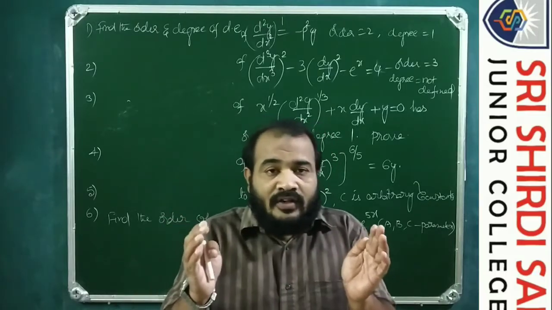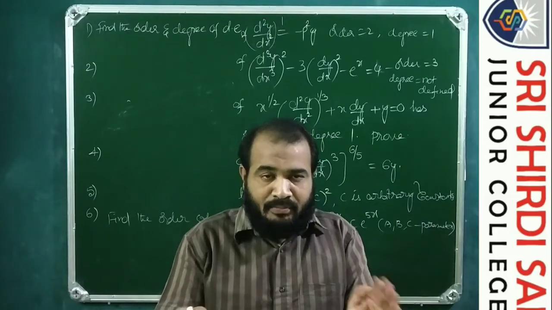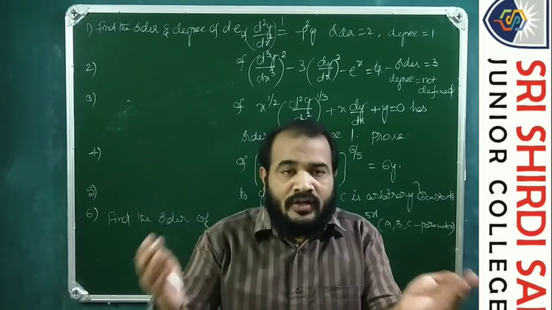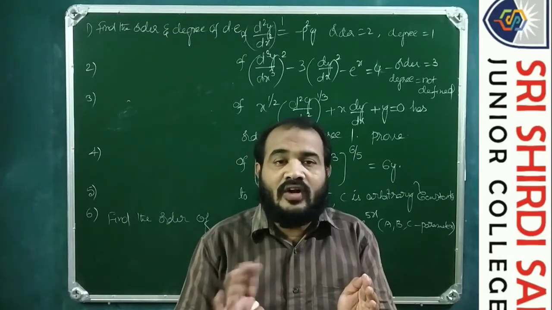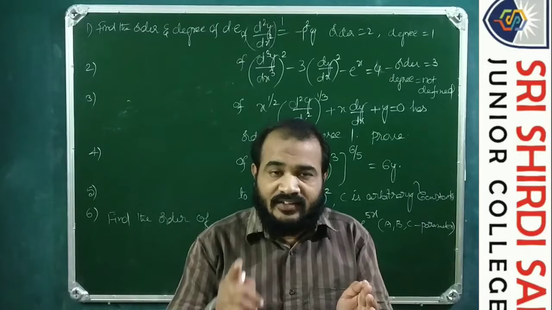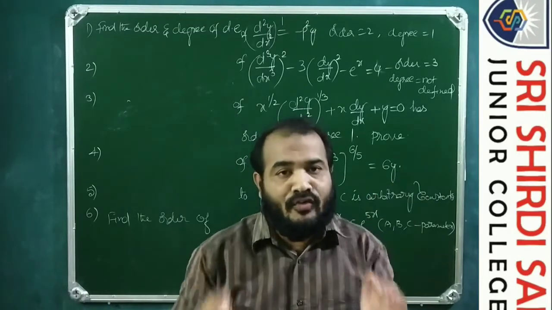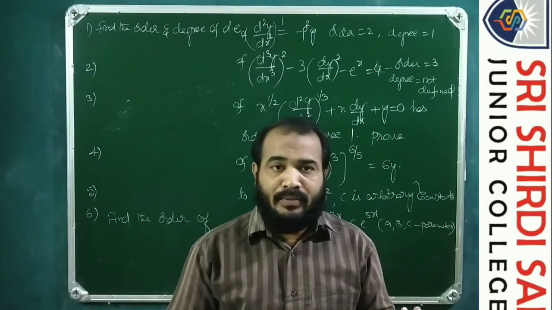Their powers should be non-negative integers. That means whole power 4, whole square, whole cube, etc. is okay. But whole power minus 2 is not, since that is a negative integer. Or d square y by dx square whole power 3 by 4 is also a rational number, p by q.